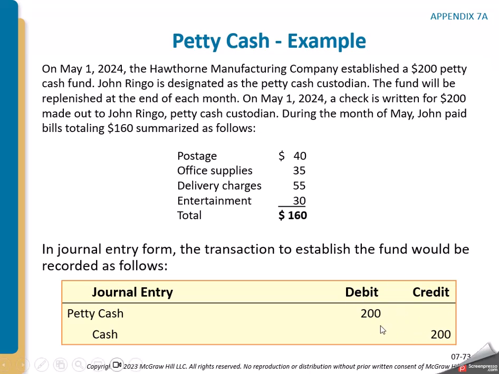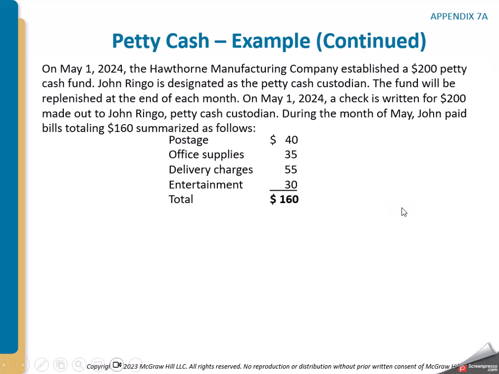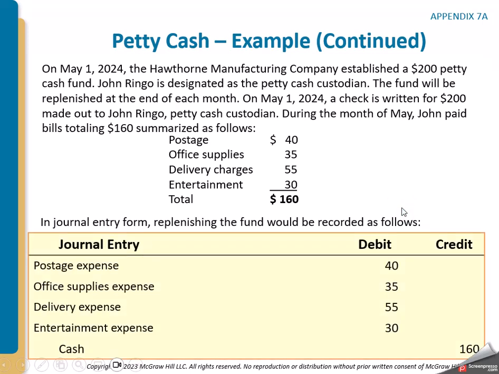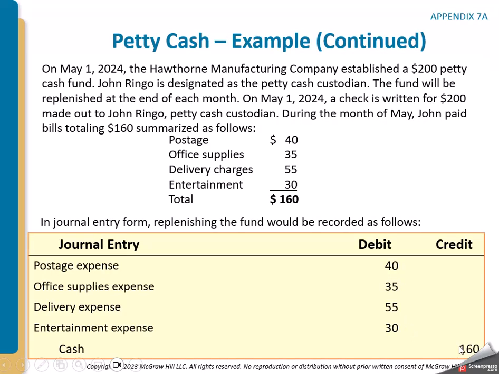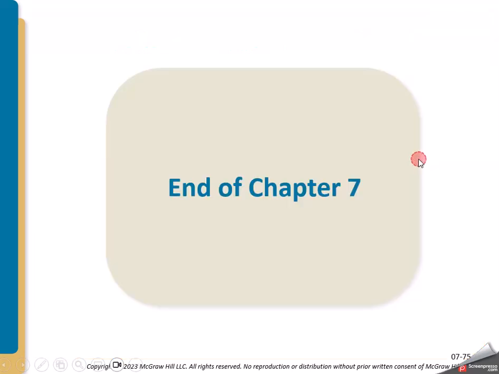What they show us down here is the journal entry that initially sets up the petty cash account. Then as we use it up and replenish it at the end of every month, we will write a check to replenish it, but then we need to charge all of the receipts that we have. And that is it for our first chapter on our assets, our cash, and our accounts receivable.